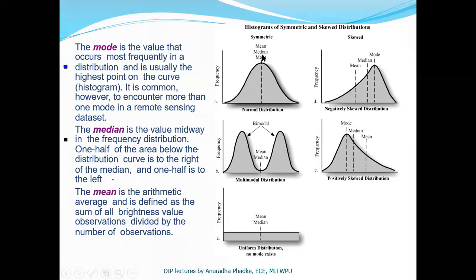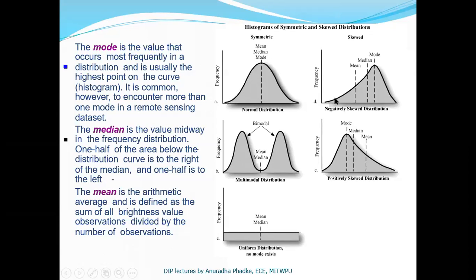Now for a Gaussian distribution, your mean, median and mode occur at the same point, say this is X. Because of the symmetrical nature of the Gaussian distribution, the mean, mode and median appear at the same point.